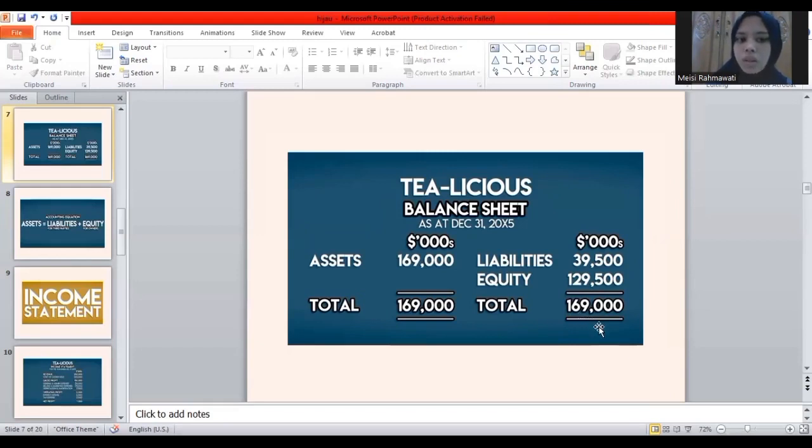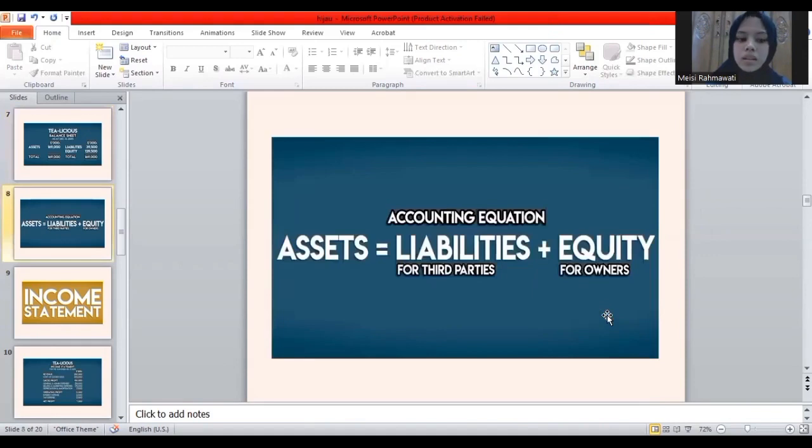The stuff it owns is equal to the stuff it owes, so the balance sheet is balanced. That is fantastic, because a balance sheet always has to balance. Why? Because of the accounting equation: assets are always equal to liabilities plus equity, or the stuff that a business owns is equal to the stuff that a business owes.